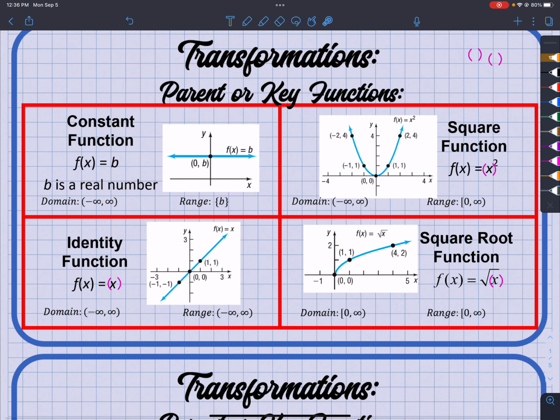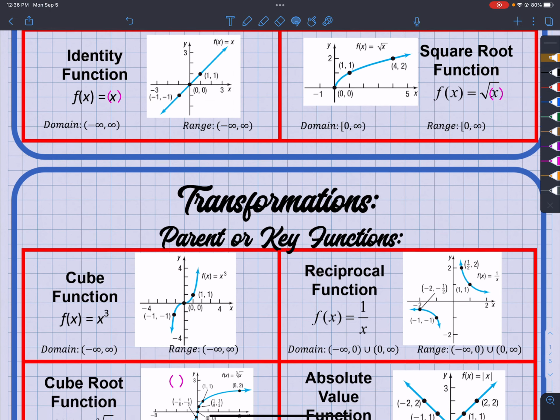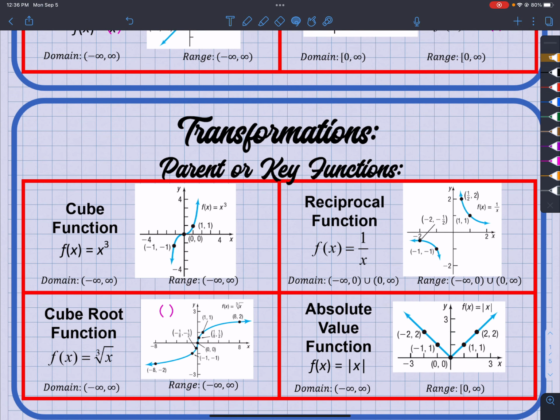All right, with that being said, let's go ahead and move on to the next set of parent and key functions. This is the cube function, so y is equal to x to the third. This is the reciprocal, so it would be 1 over x. The parentheses will be around the x, that's essentially the whole denominator.